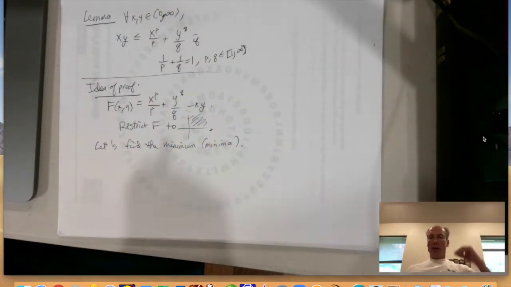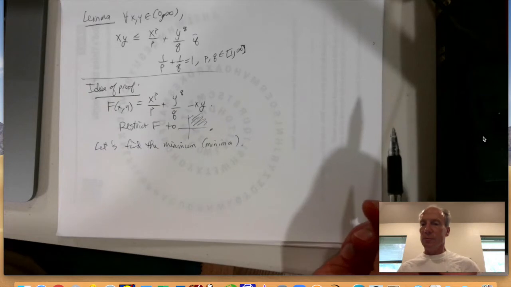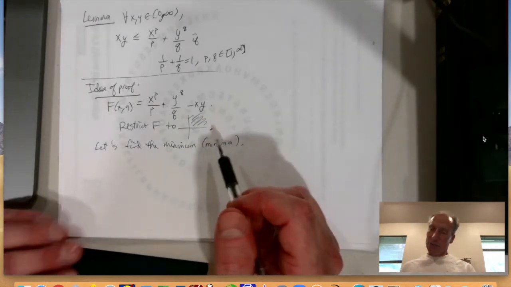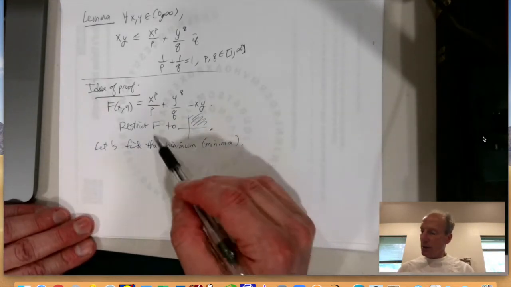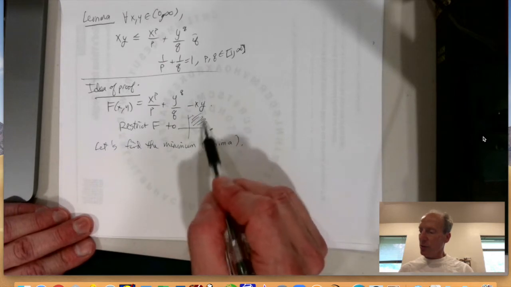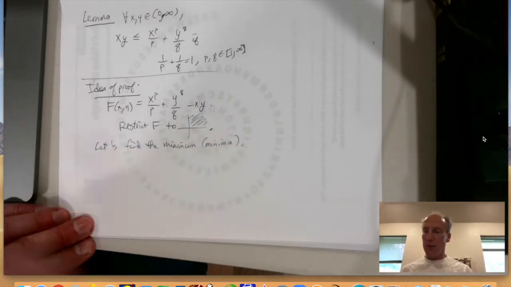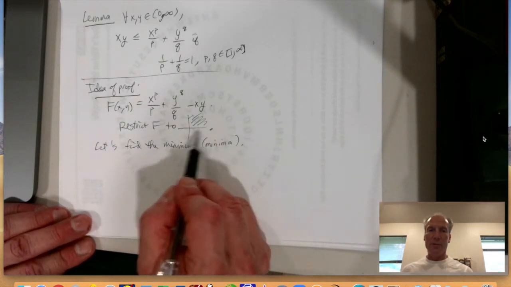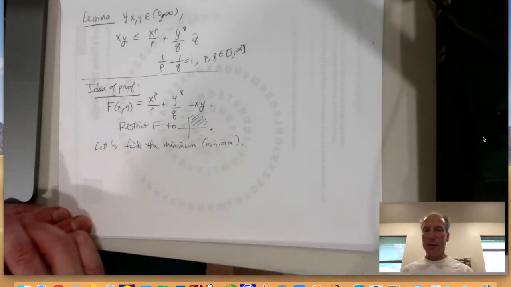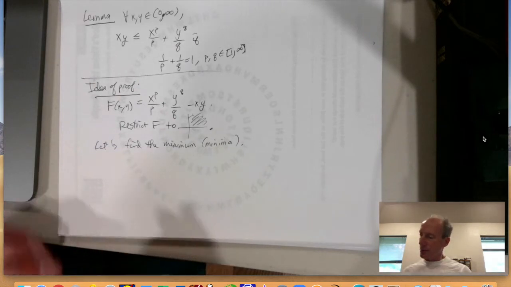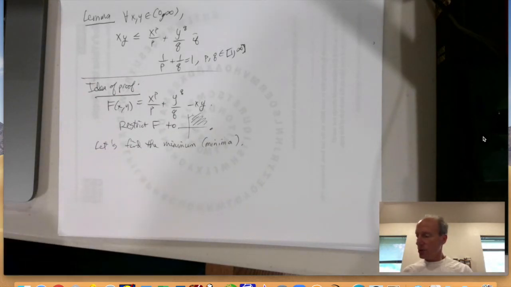And as is true from vector calculus, what we want to do is take the gradient and set it equal to 0 for any interior minima, and then we have to see what its end behavior is as you go towards the boundary. And so let's just examine the gradient.